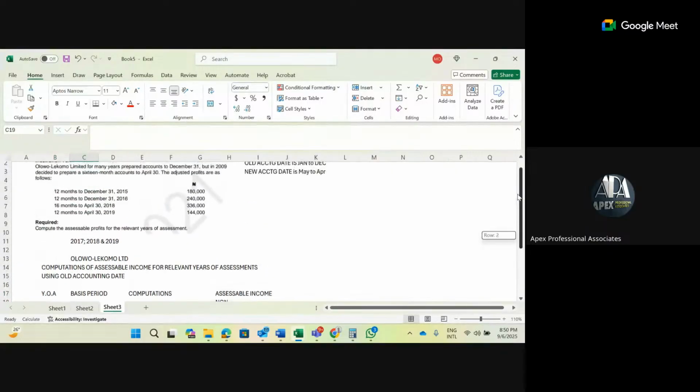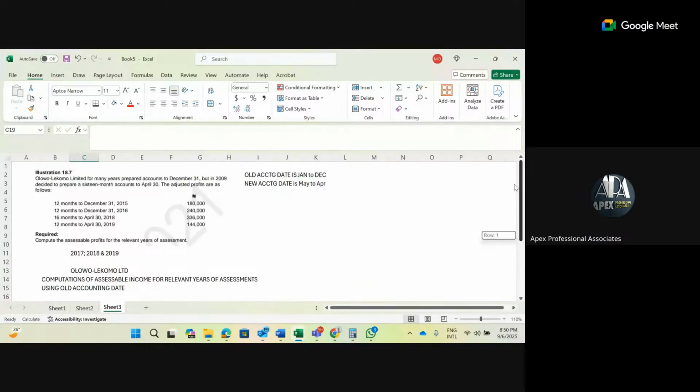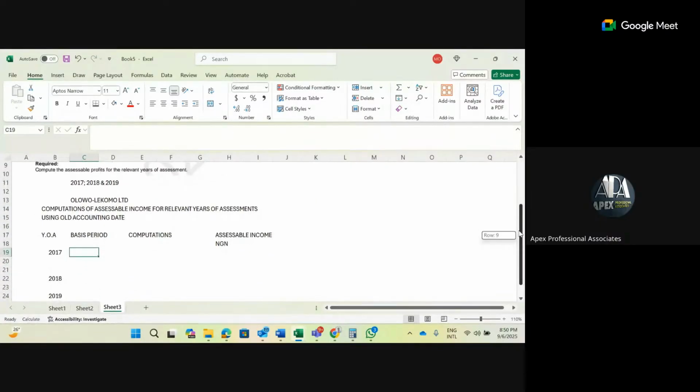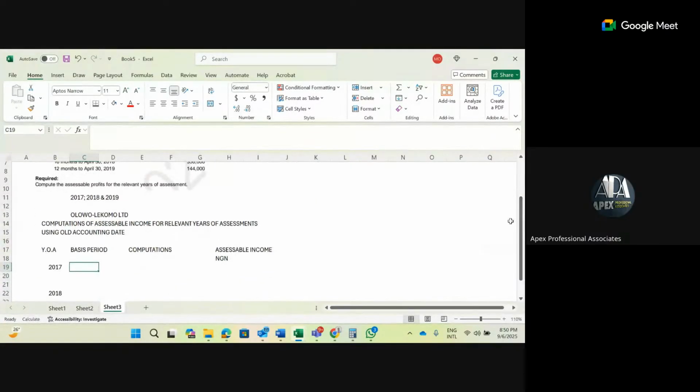Now, what is the basis period of the old accounting date? Preceding year basis. This one is going to be from 1st of January 2016 to 31st of December 2016.